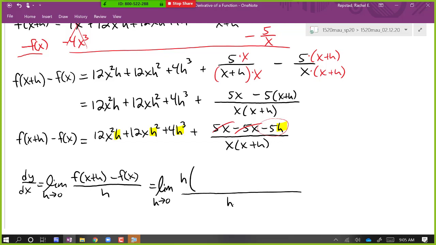So what we're left with, when we take that h out from the expression, is 12x squared plus 12xh plus 4h squared plus negative 5 over x times x plus h.